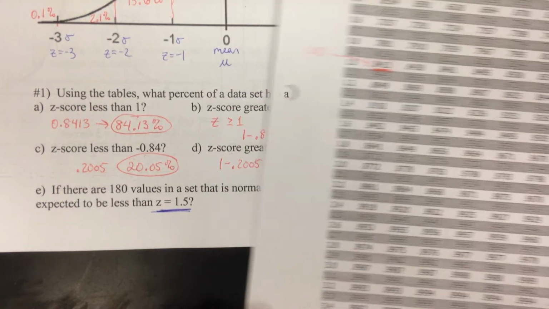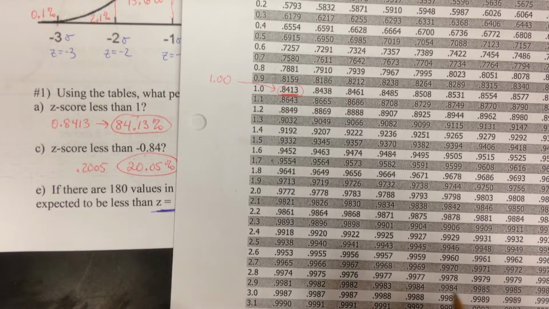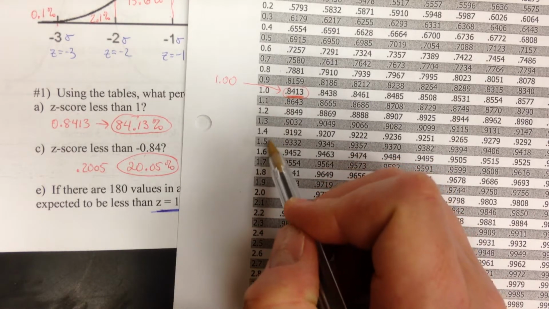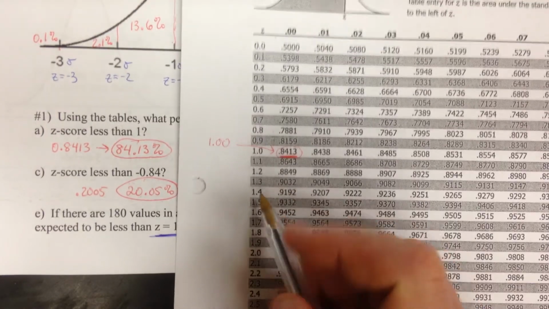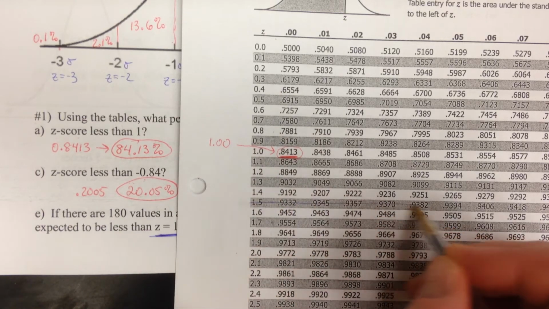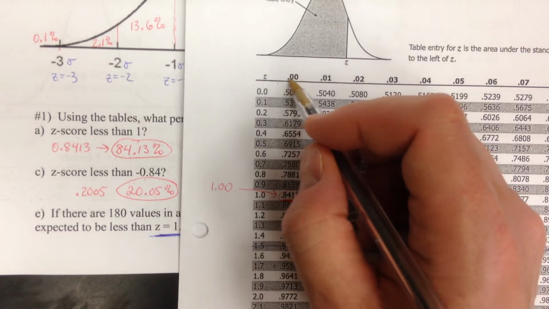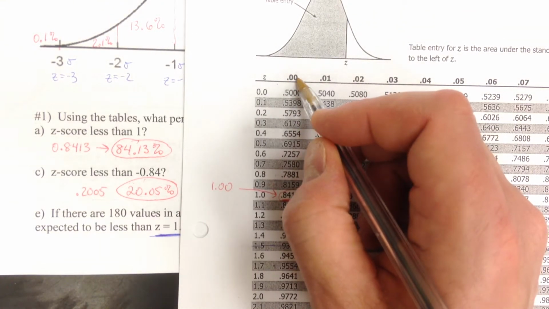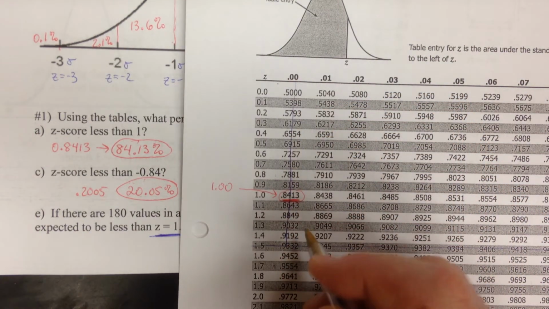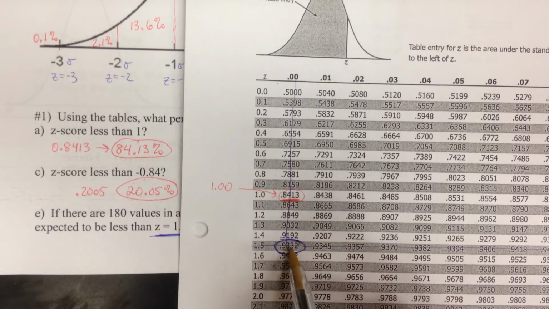So I'm going to go to z equals 1.5, and we'll assume it's 1.50. So here's the 1.5 row, and here's the 0.15. This is where the hundredths digit is the 0. Let me come down. And where they meet is right here at 0.9332.